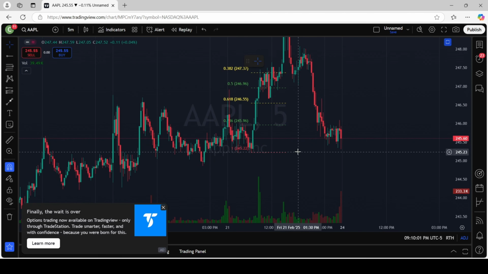These levels is usually where stocks would trade before they run back up. And that's the Fibonacci level. So when price or candles bounce off these certain levels, you can look to get in on these certain levels. So it looks like Apple wants to come back down to this level, 245, which would be support.